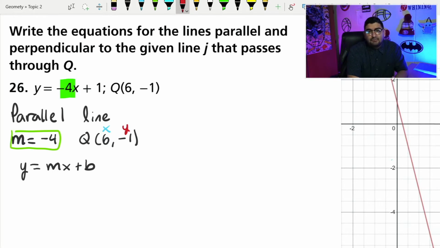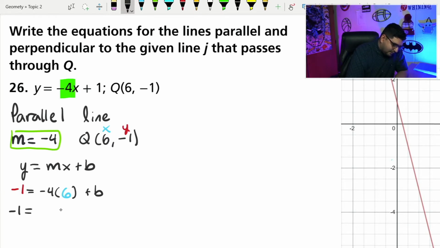We have an x and y point that we can plug into the slope-intercept form that would help us find b. So I would have negative 1, because that's what y equals, negative 4, which is m, multiplied by 6, because that's what x is, plus b. Now I can do some multiplication here. Negative 4 times 6 is negative 24, plus b. I can add 24 to both sides and I get b equals 23.